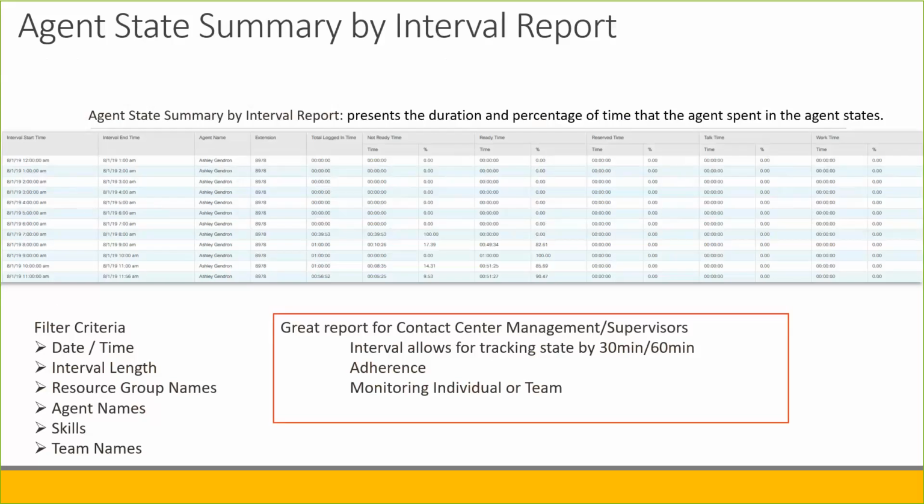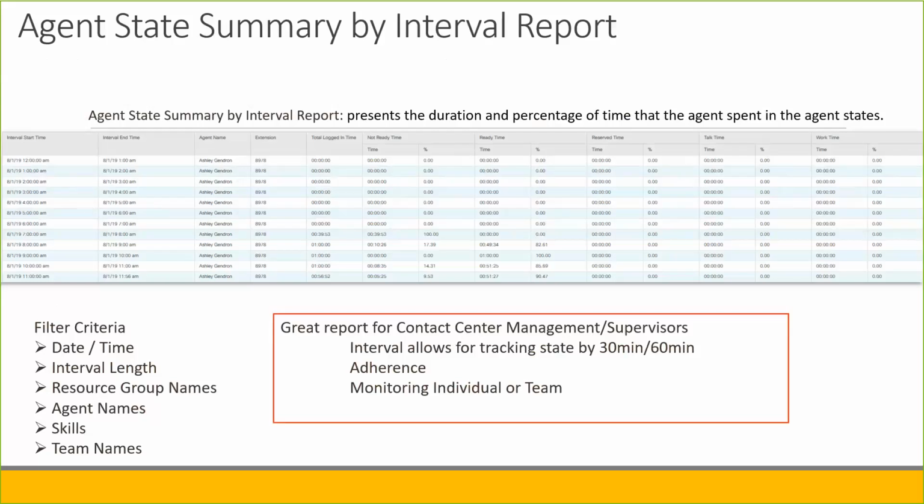We've all seen them go from the ready state to reserved to talking, hopefully, right, if they've answered the call. How much time are they spending talking, and then how much time are they spending in work time, right? Work time being that automatic wrap-up time after a call. So it keeps track of all of that data for you in the percentages.